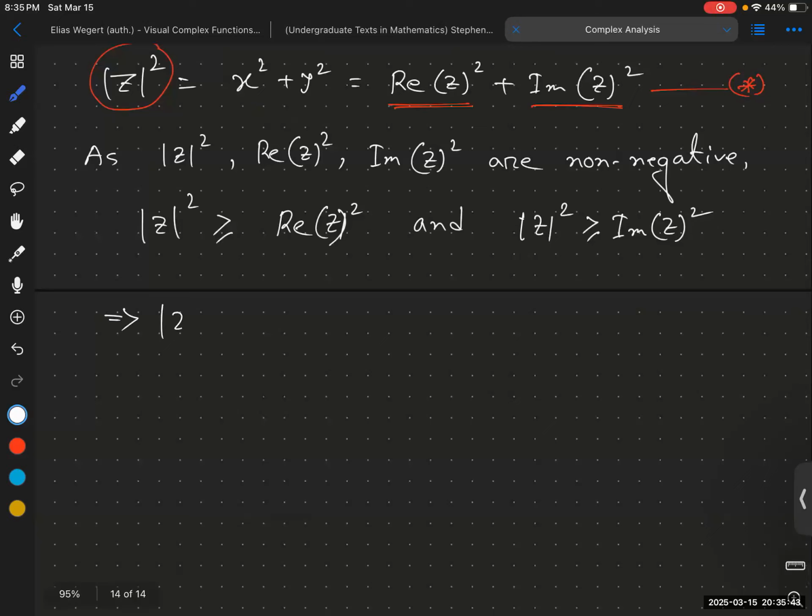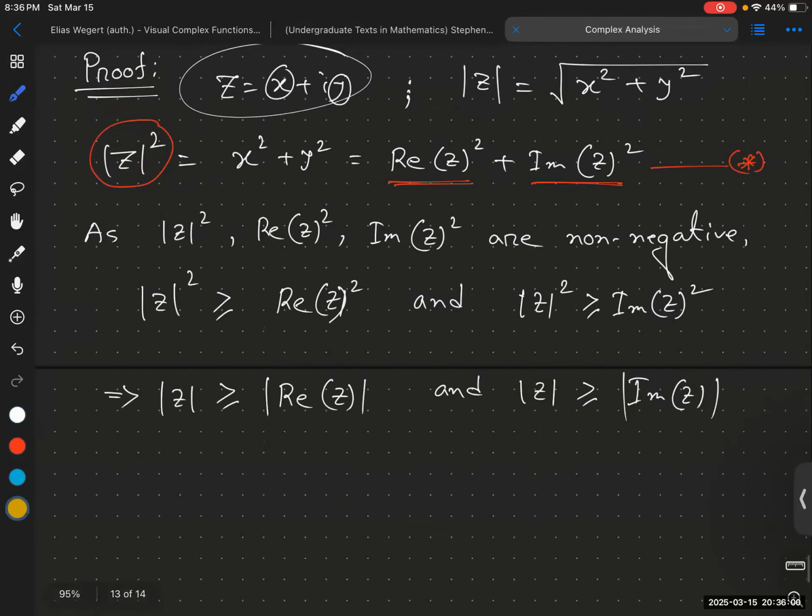So from here we can write it down as modulus of Z is greater than or equal to the modulus of the real part of Z, and modulus of Z is greater than or equal to the modulus of the imaginary part of Z. So hence the proof is completed. We need these inequalities to prove the triangle inequality later.